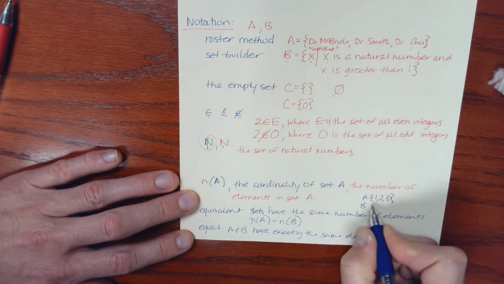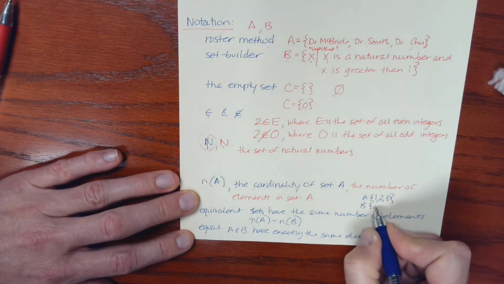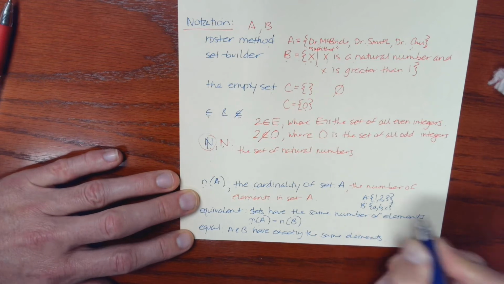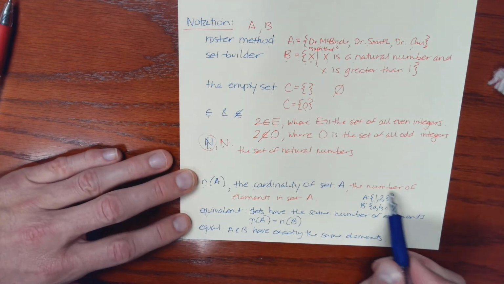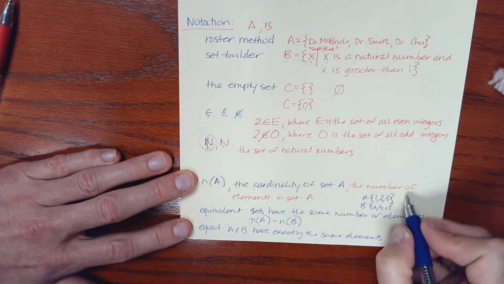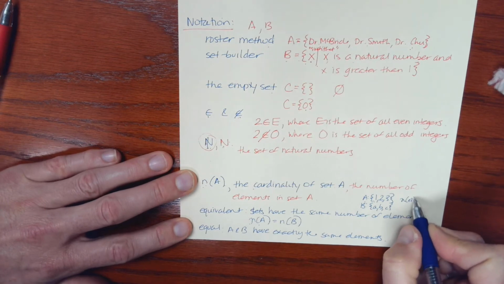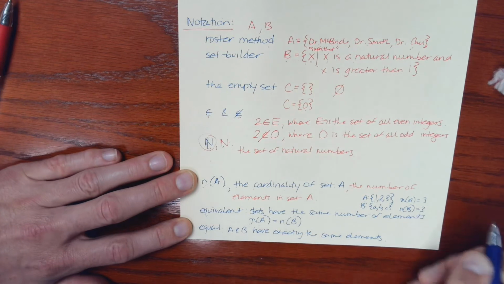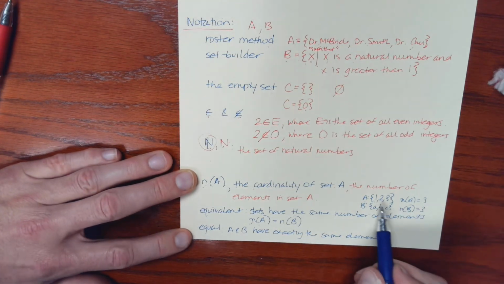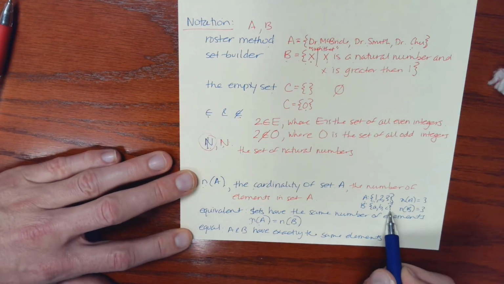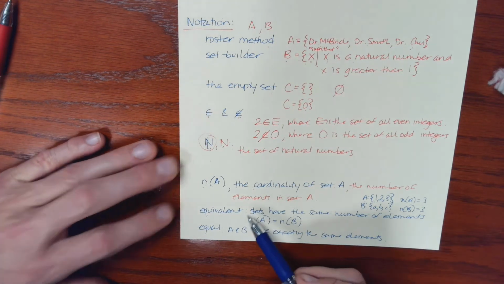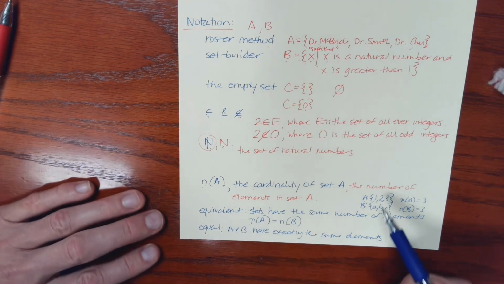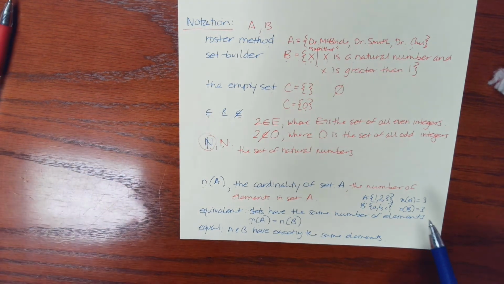And B has the elements a, b, c. Then, believe it or not, these are said to be equivalent because n of A is 3 and n of B is 3. But they are not equal. So they don't have the same elements, they have the same number of elements. So that's the difference between equivalent and equal when we're talking about sets.